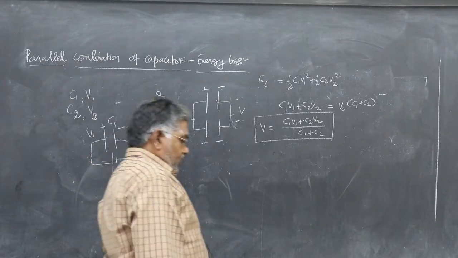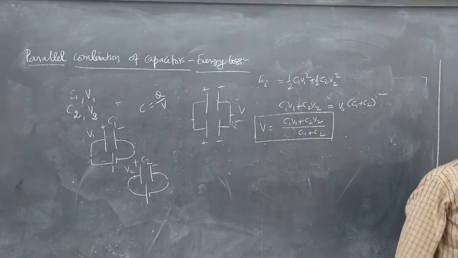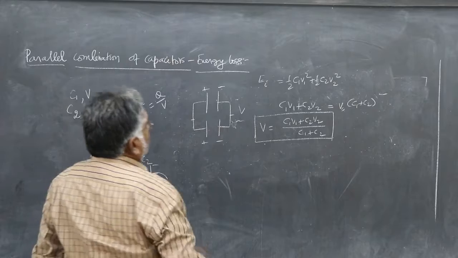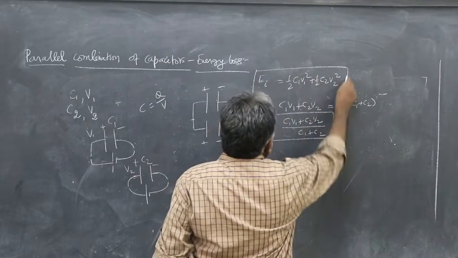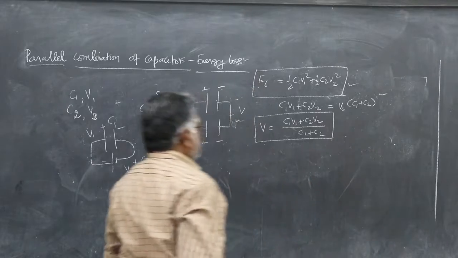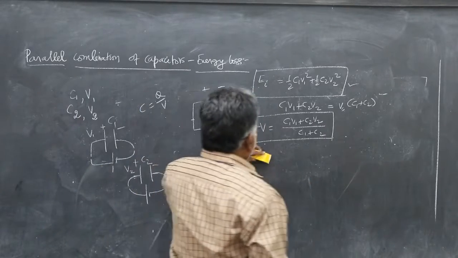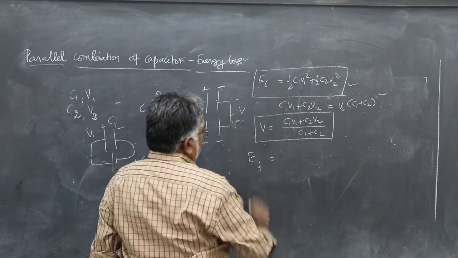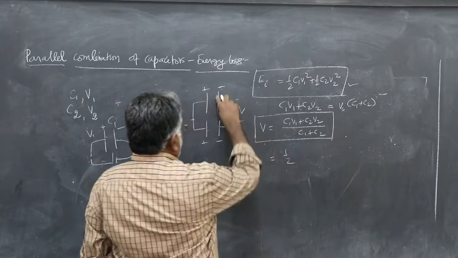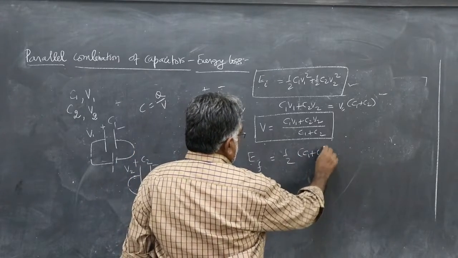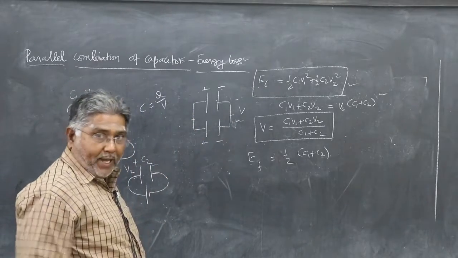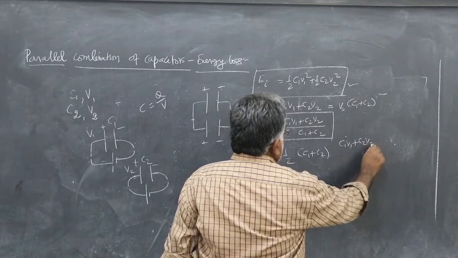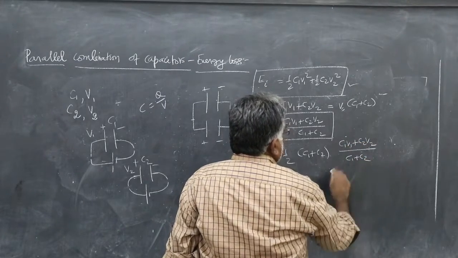Now what is the total final energy in the sense after they are connected in parallel? This is the total initial energy. Total final energy, E final, will be half effective capacitance C1 plus C2 times common PD's square V square, that is C1 V1 plus C2 V2 by C1 plus C2 square.